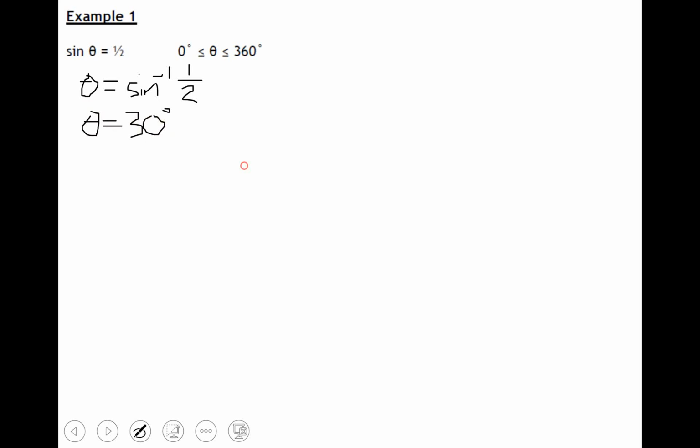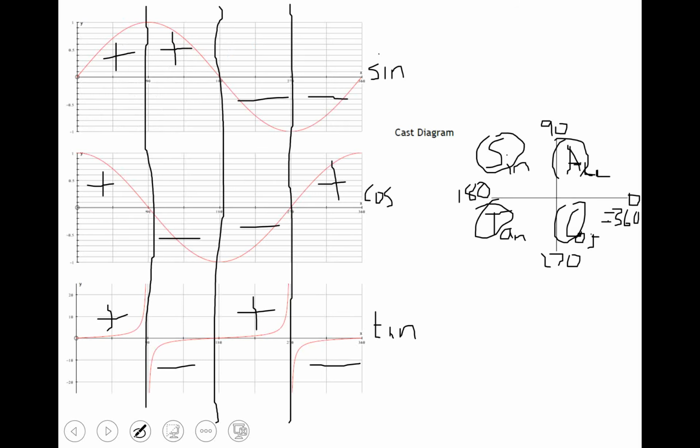Now that is only one of the solutions in the 0 to 360 degree range. Going back to the curve, if we drew a line across from a half, we would actually find we expect 2 solutions.